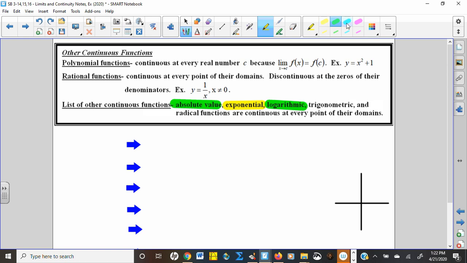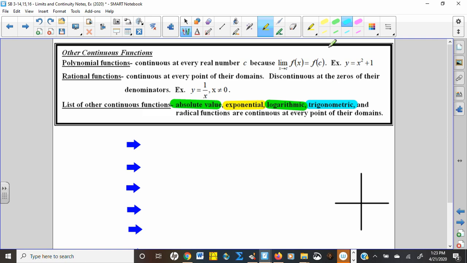Trigonometric functions, well, sine and cosine specifically have domains of all real numbers and never have any breaks. The other four functions have infinitely many vertical asymptotes. We remember that, secant, cosecant, tangent, cotangent. But none of those values are part of the domains. So they are continuous functions by definition. Radical functions.